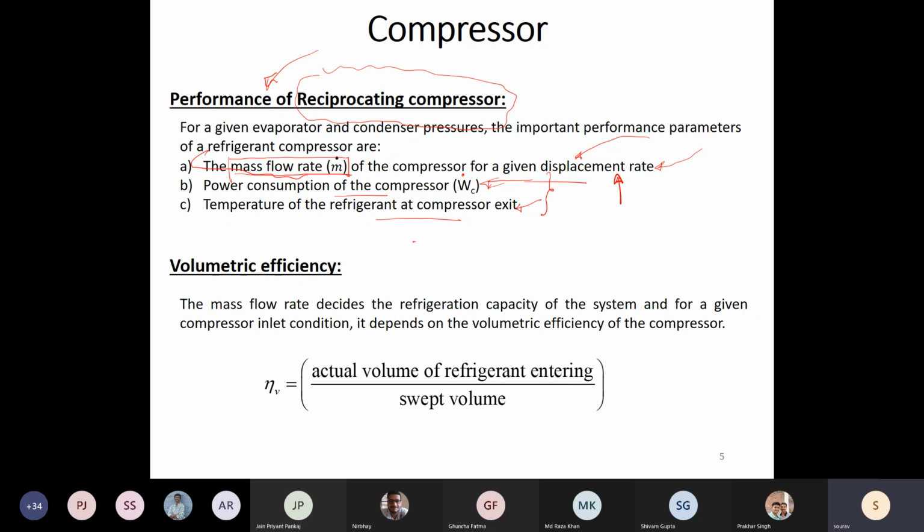Can anyone tell me why we need to study volumetric efficiency in IC engines? Okay, what do you know about volumetric efficiency? Whatever you have studied in IC engines, what do you know about it? What is the definition?